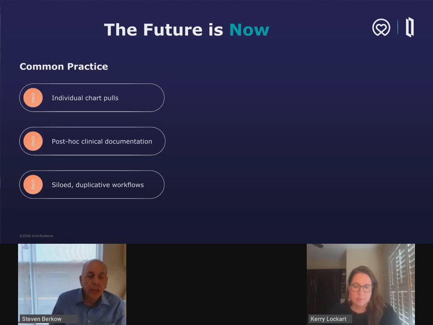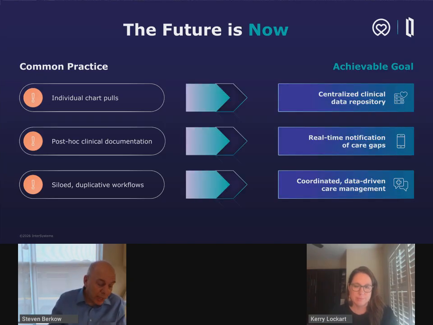What's remarkable is that there are now technological solves to all of these pitfalls. And again, I just want to give you a sense of what's now possible out in the marketplace. These are not demos. These are in place at leading plans. So we're working with leading plans who have what we would call a true clinical data repository, one place that can ingest clinical information in multiple formats and then push it out for multiple applications.